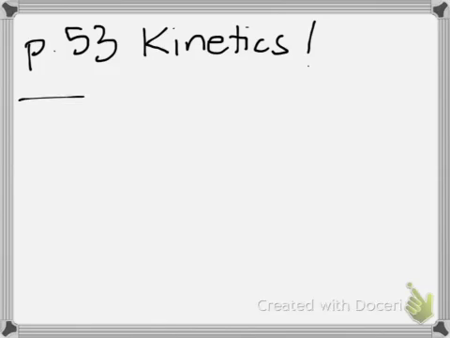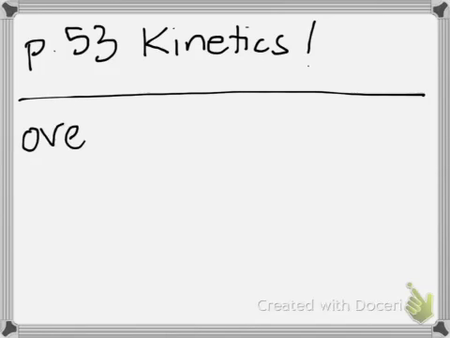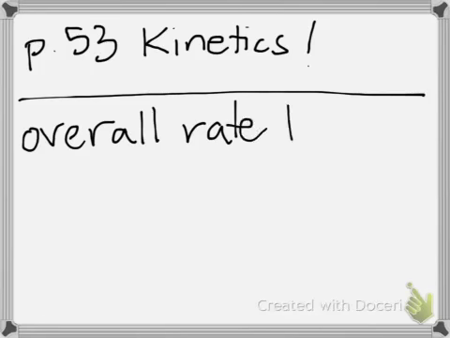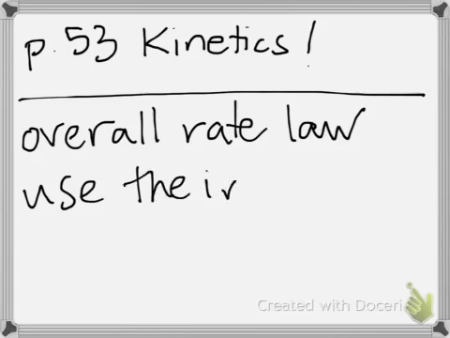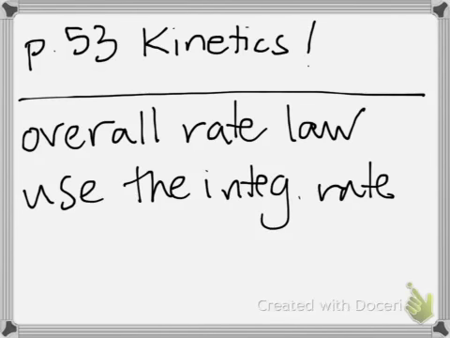So in review, you need to be able to calculate an overall rate law, and we talked about how to do that in today's lecture. And you need to be able to use the integrated rate laws. If you can do each of these two learning outcomes, you have everything you need to be successful.